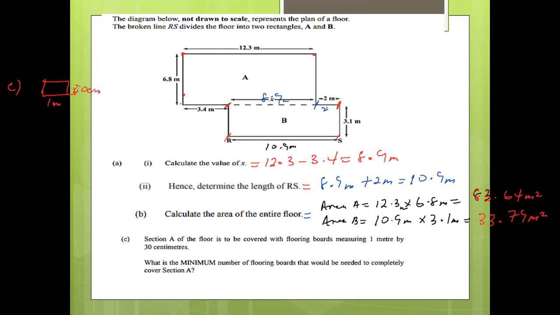Are they in the same unit? If they are not in the same unit, it means you have to convert one unit to another so that they will be the same. Which one is best to change, centimeter to meter or meter to centimeter?